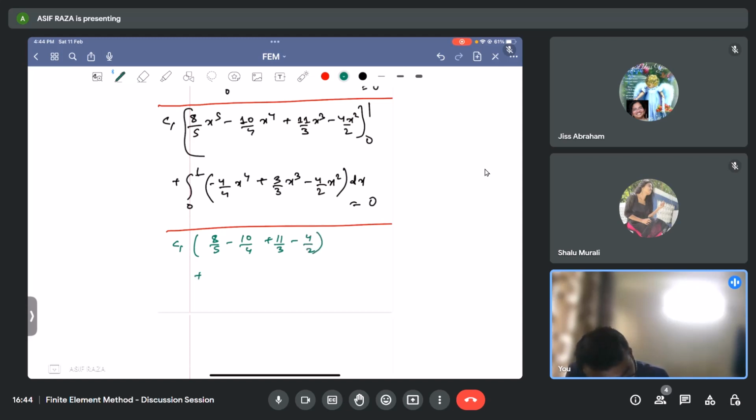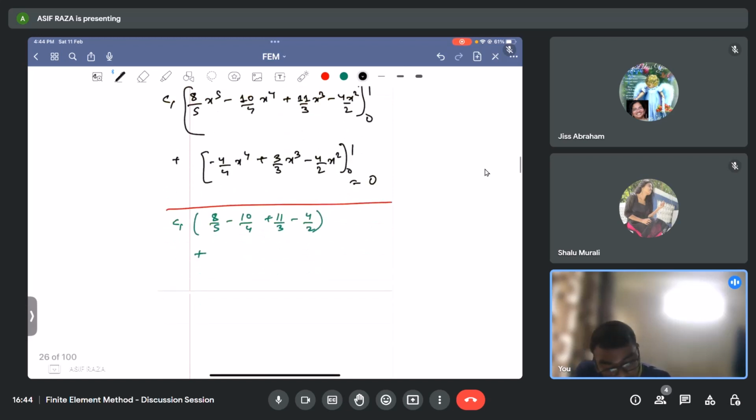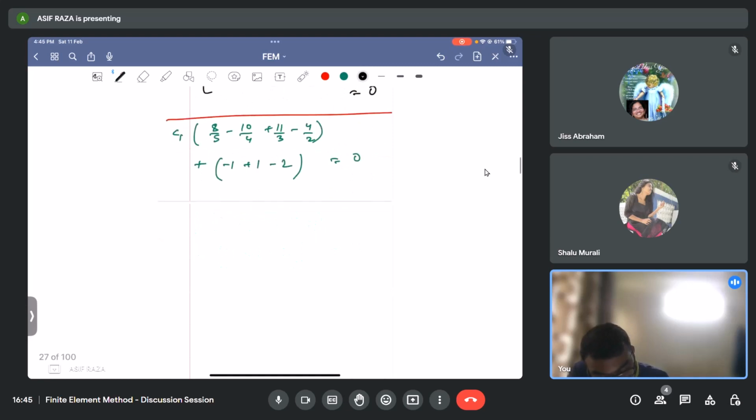This is not an integration, this is evaluated at the boundaries. Now the values will be minus 1 plus 1 minus 4 by 2, what is that? 2, equal to 0.